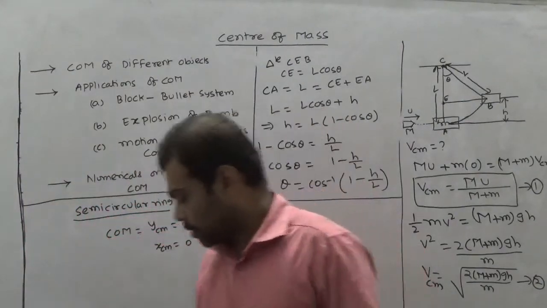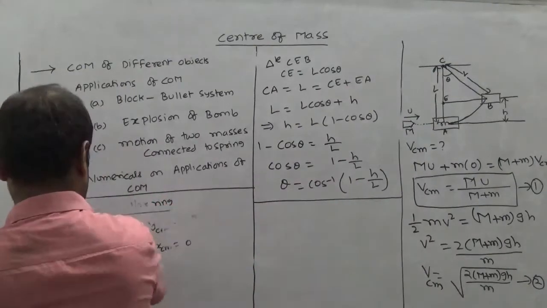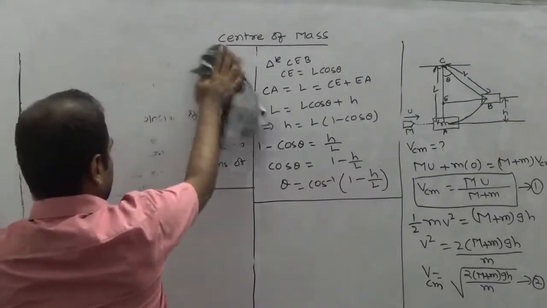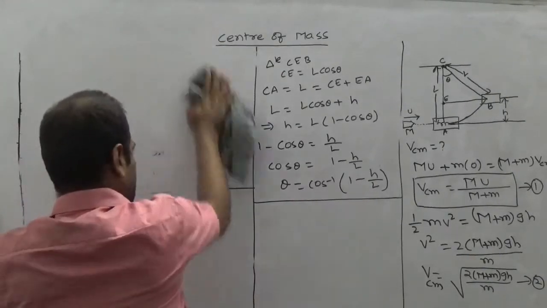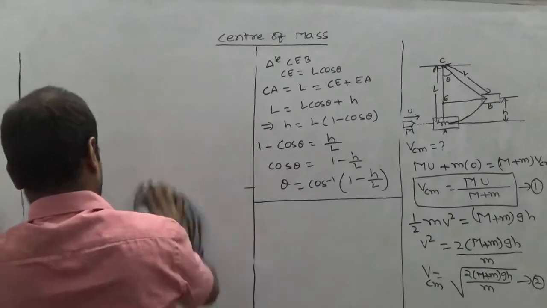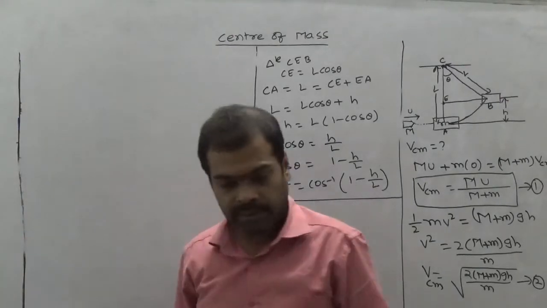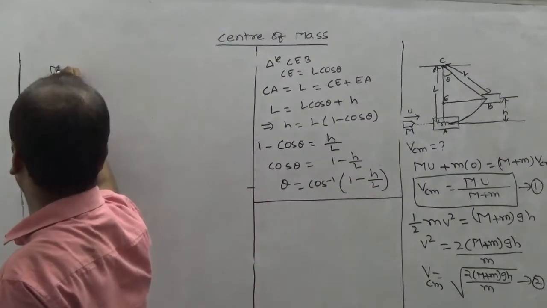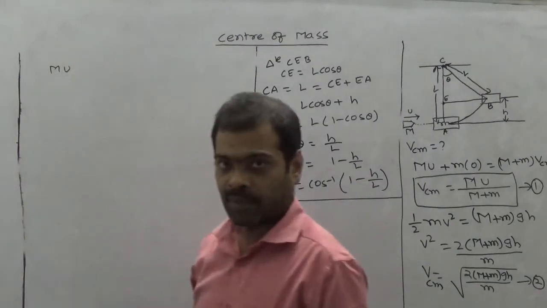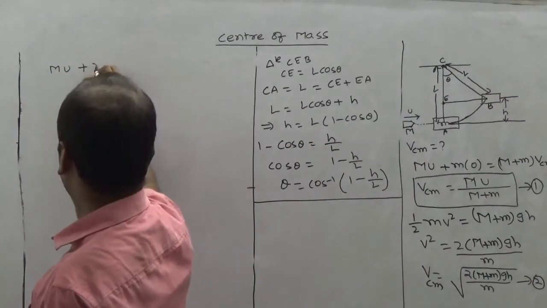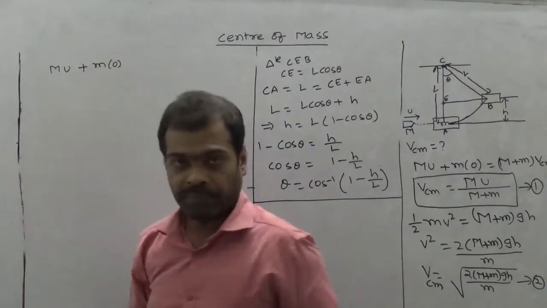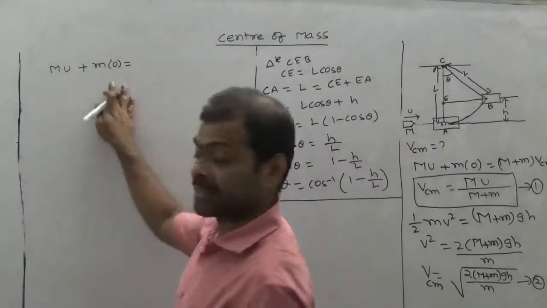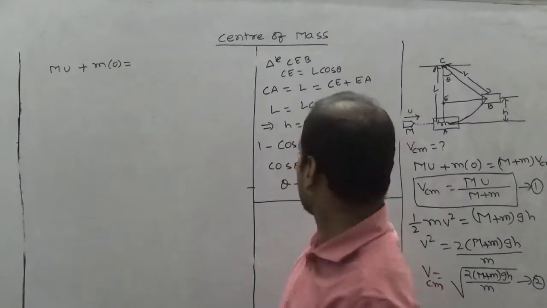Okay, fine. Now, you can see here, initially the bullet is moving with a velocity u, and the initial velocity of the block is 0, such that after interaction the bullet is moving with a final velocity v.